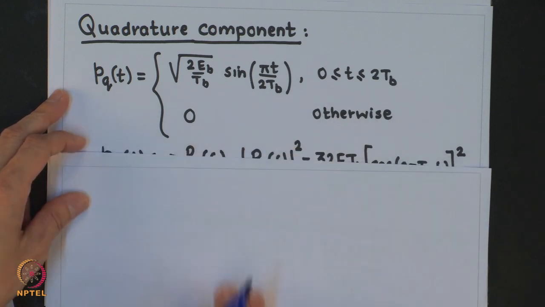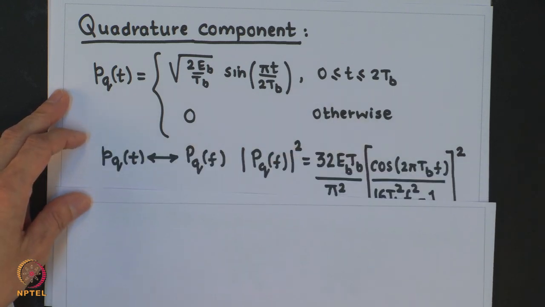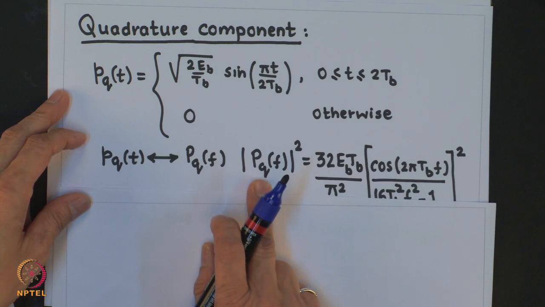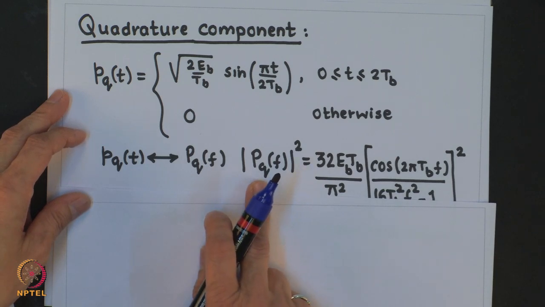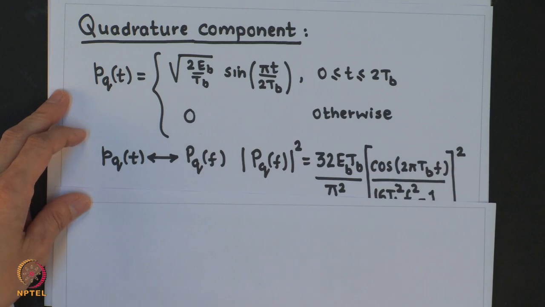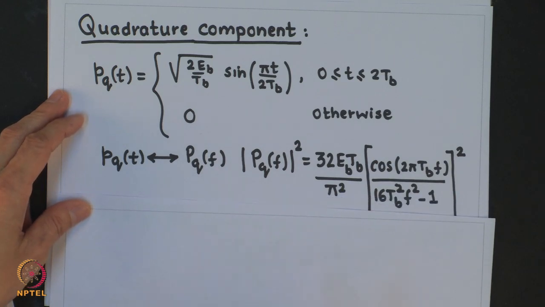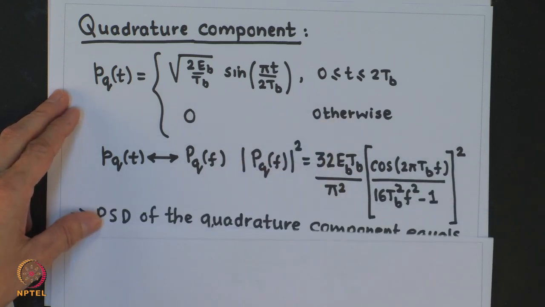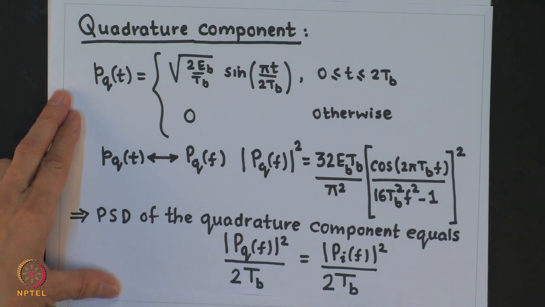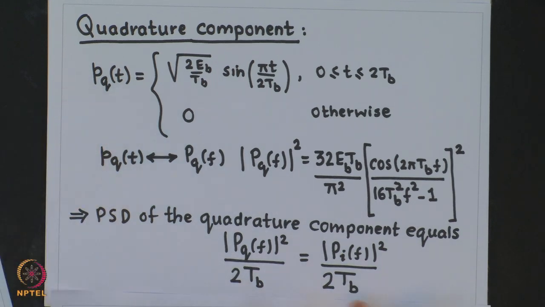So, immediately we can find out its energy spectral density, which will be the same as the one which we had for the in-phase component, and once we have the energy spectral density, the power spectral density is obtained as given here. Remember, this 2 TB comes because our polar wave bit duration is now 2 TB, correct.